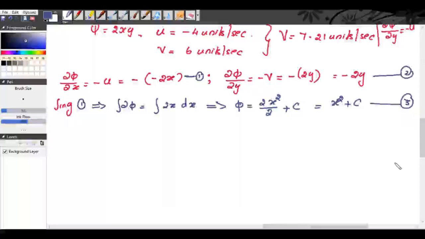So in order to find c, we will take dou pi by dou y, which is equal to dou c by dou y.